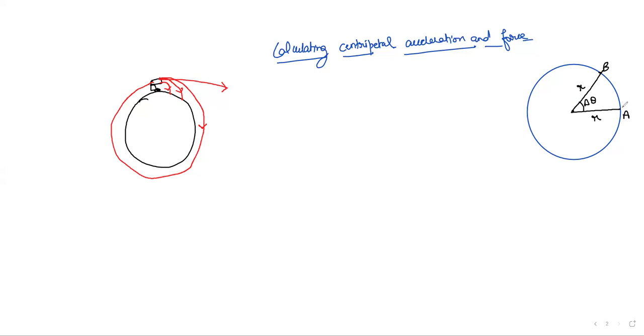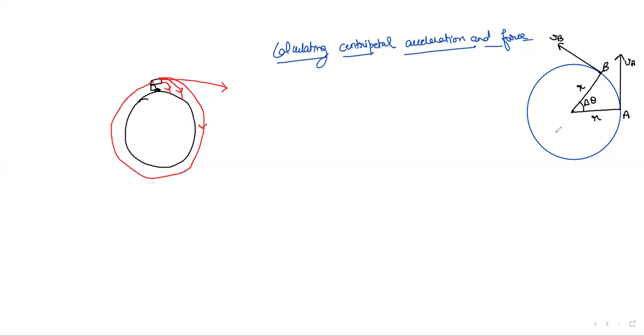And if I draw the velocity at these points, from this point this will be the velocity, let's say VA, and from this point this will be VB. Here we are considering an example like spinning a bung around in a circle.